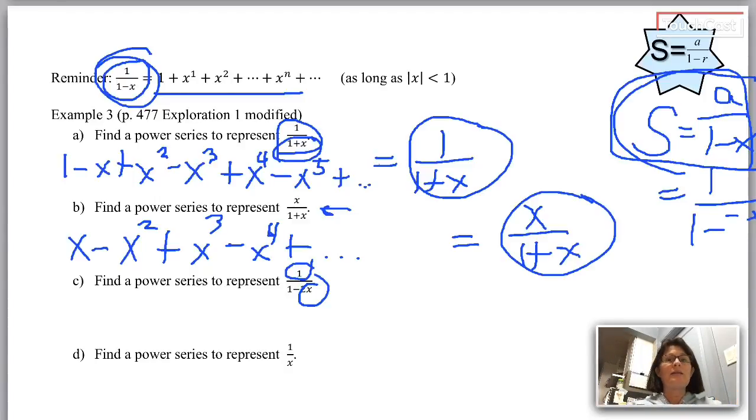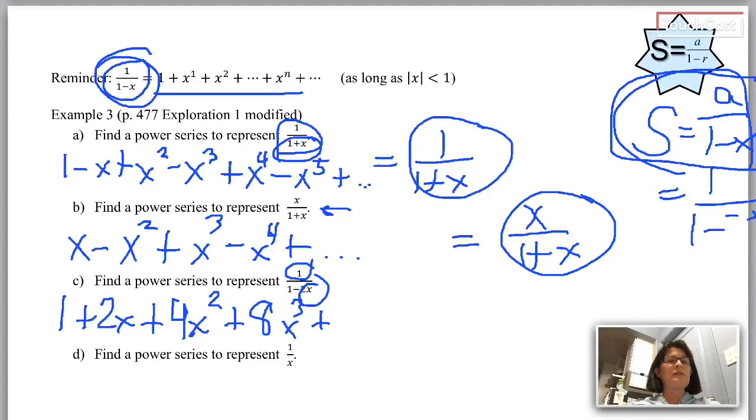So let's try it. First term 1, I'm going to multiply by 2x to get 2x, plus I'm going to multiply by 2x again, that's going to be 4x squared, plus I'm going to multiply by 2x again, it's going to be 8x cubed, plus dot, dot, dot.